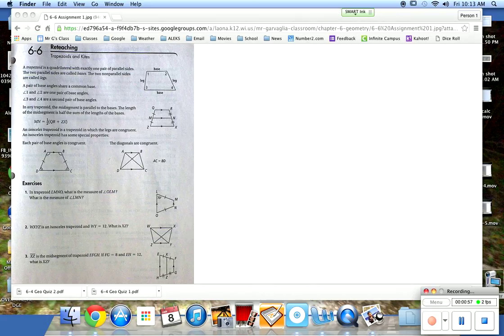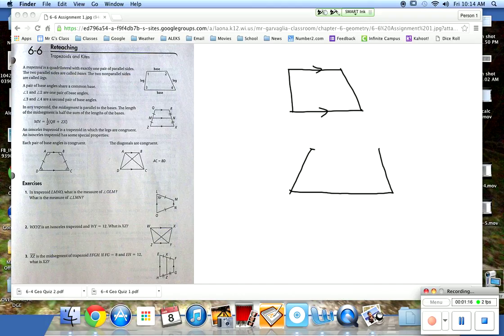Now, there are two different types of trapezoids. One is a trapezoid that only has one pair, well, they all have only one pair of parallel lines. But there's another trapezoid like this where these angles here are equal and these are parallel.